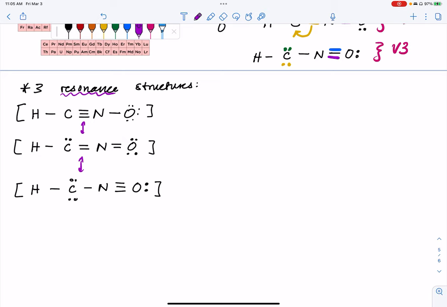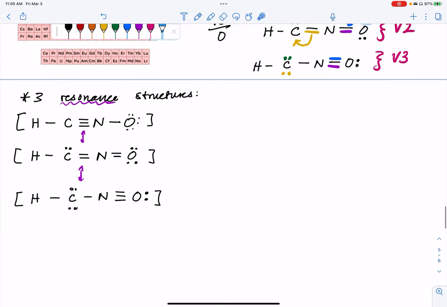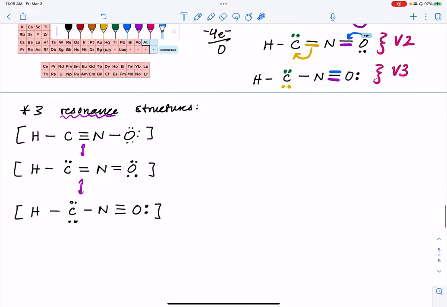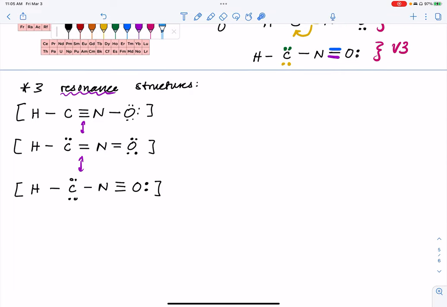Now the question is, which of these is the most stable, version 1, 2, or 3? And in order to answer that, we need to do our formal charge calculation. And unfortunately for us, we have to do a formal charge calculation on every atom in each resonance structure. So you'll find you'll get very fast at formal charge calculations because you'll be doing them so many times.